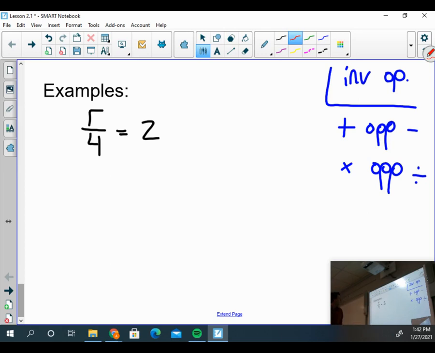So if the R is being divided by 4, and I want to get it by itself, what do I need to do? Well, we talked about this concept of inverse operations, doing the opposite to cancel something out. So what I notice here is if the R is being divided by 4, and I want to get the R by itself, I don't want that divided by 4 to be there.